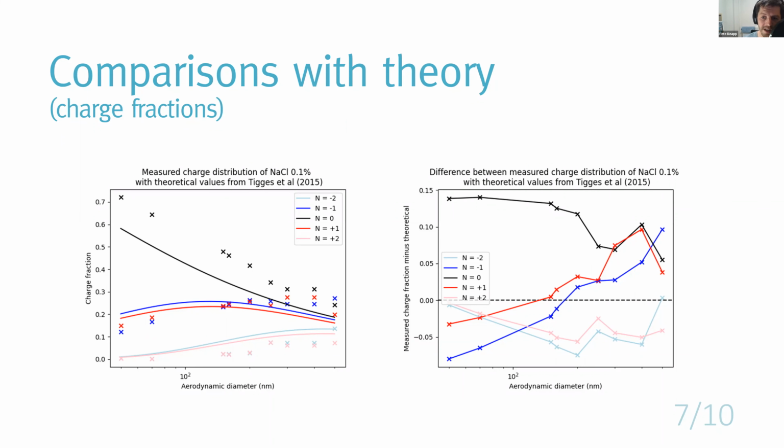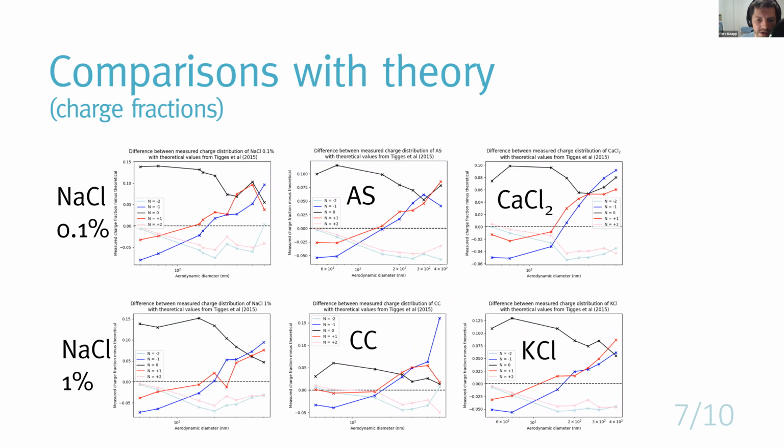But this is only what I did a couple of days ago. And I repeated that difference with all the different salts, but it's exhibiting very similar behavior. You can see with the charge states of plus and minus 1 that they're all going up as it gets larger in size. As I said before, these should all be 0 for the DMA to be giving the right values.